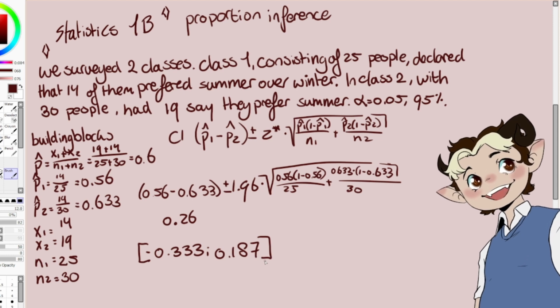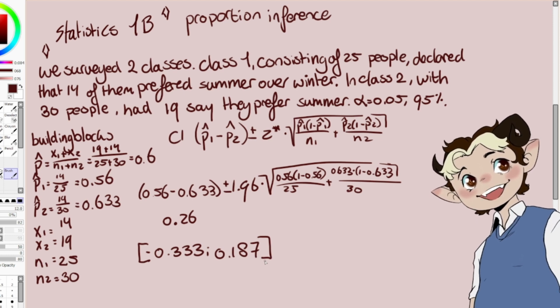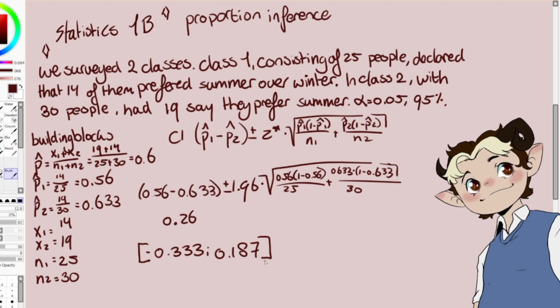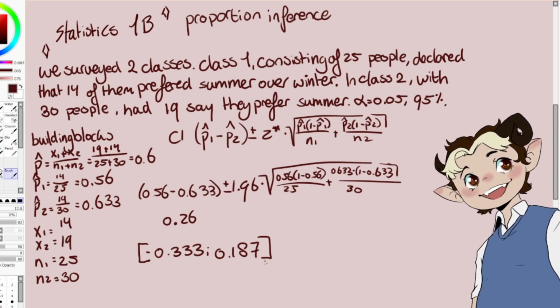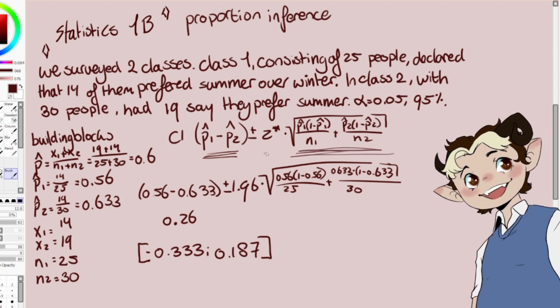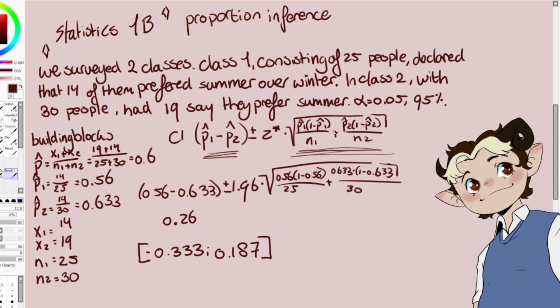This is a difficult one 100% because they switch it up between the confidence interval and the significance test. I try to keep in mind that the significance test always asks for p1 and p2 in the beginning. Therefore, under the root, we also use p1 and p2.